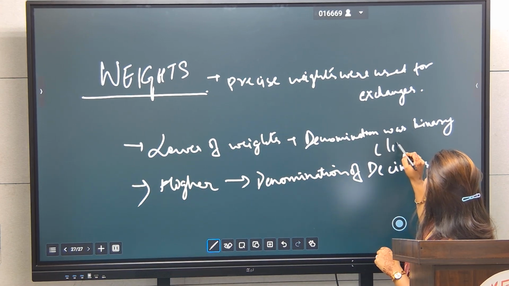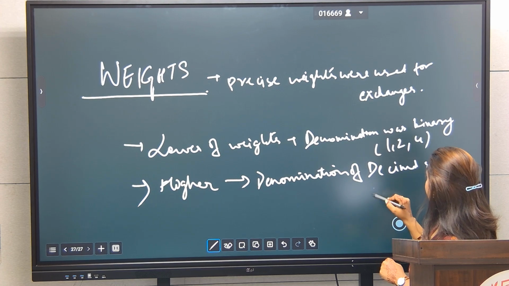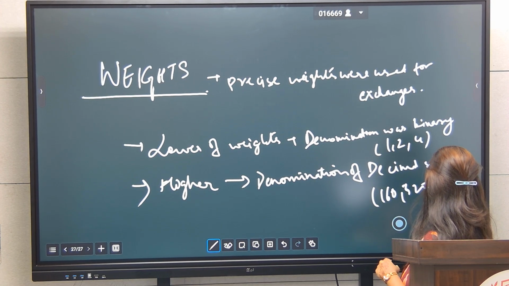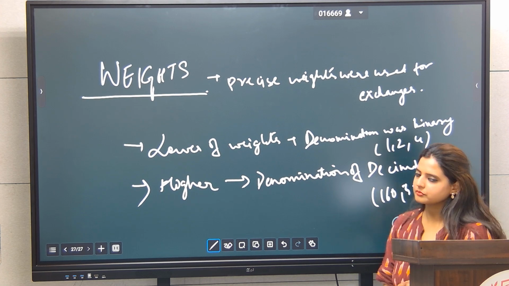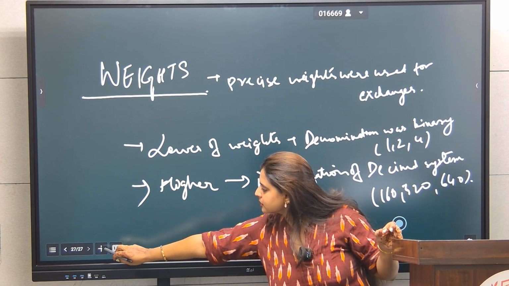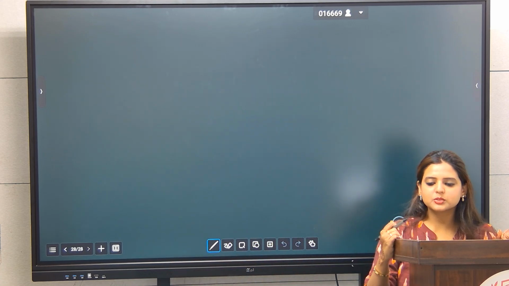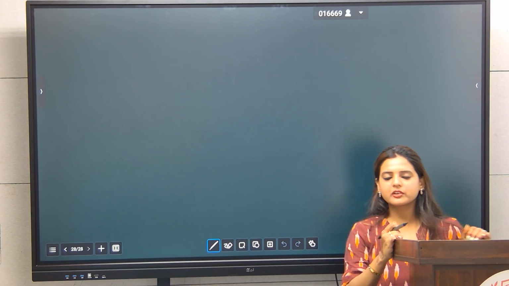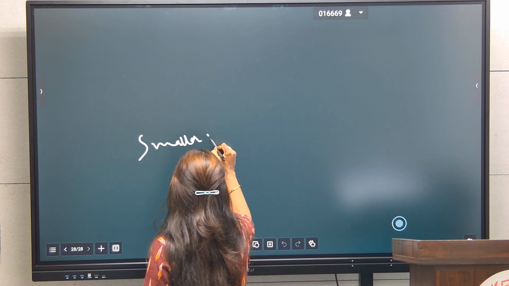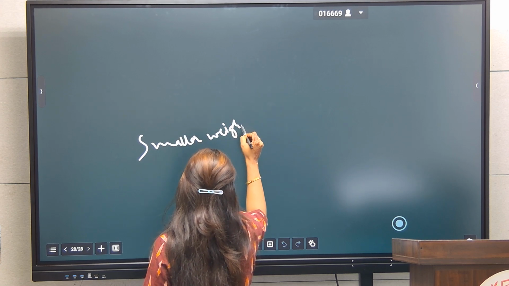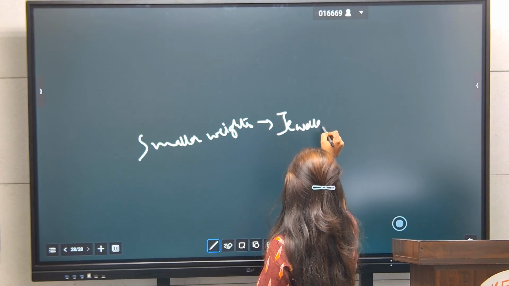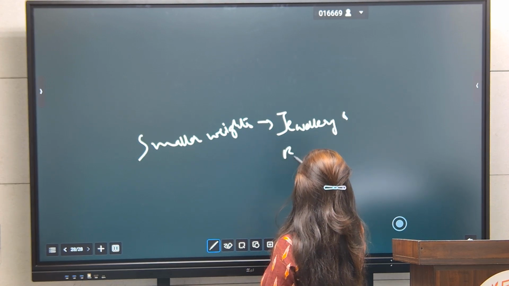Binary like 1, 2, 4, like 160, 320, 640. The smaller weights were probably used for weighing jewelry and beads.